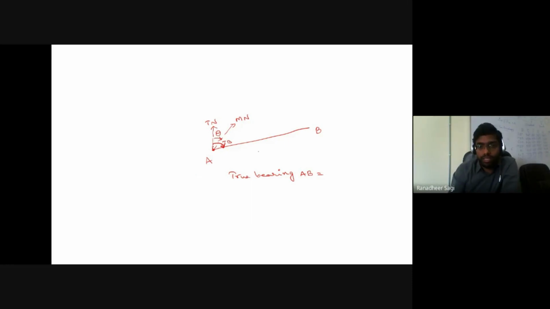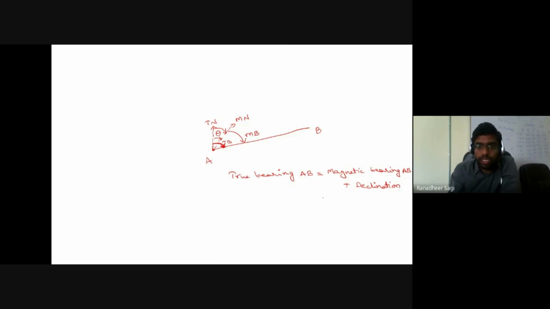Look here. Can I write this true bearing of line AB as magnetic bearing of line AB plus this declination that I have? So magnetic bearing of line AB plus declination, from simple geometry.